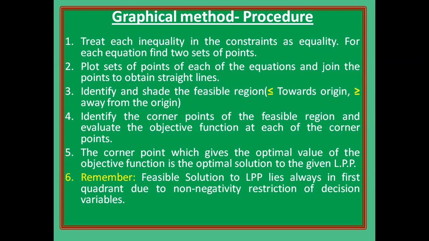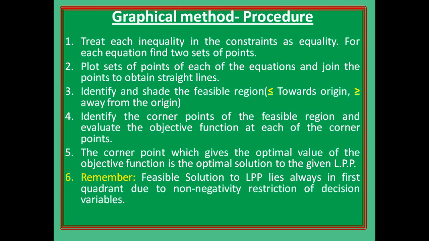Here we have to be cautious: the points are to be plotted separately, set by set, and after plotting each set of points, better to join them as a straight line, and then plot one more set of points on the graph. Otherwise we may get confused later while joining as straight lines.